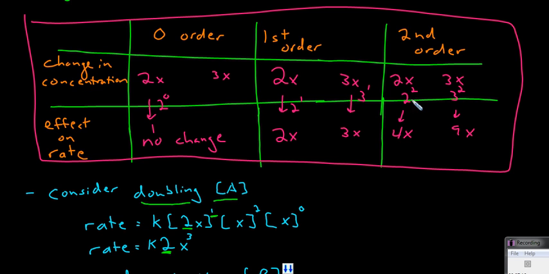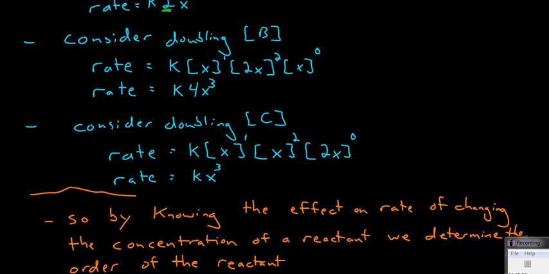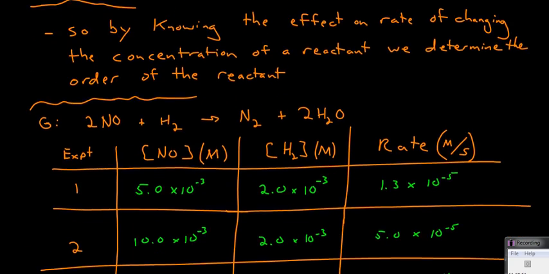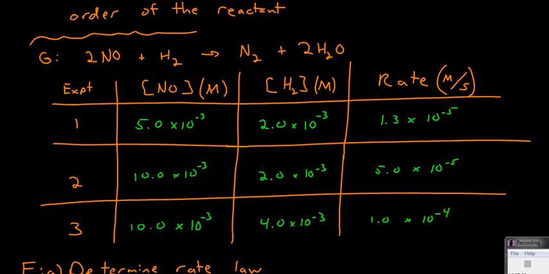And then 2 to the second power, for a second order reaction, you'll have an exponential function. Doubling concentration quadruples rate, etc. Okay, so we can use this chart to help determine the rate law of a certain reaction.